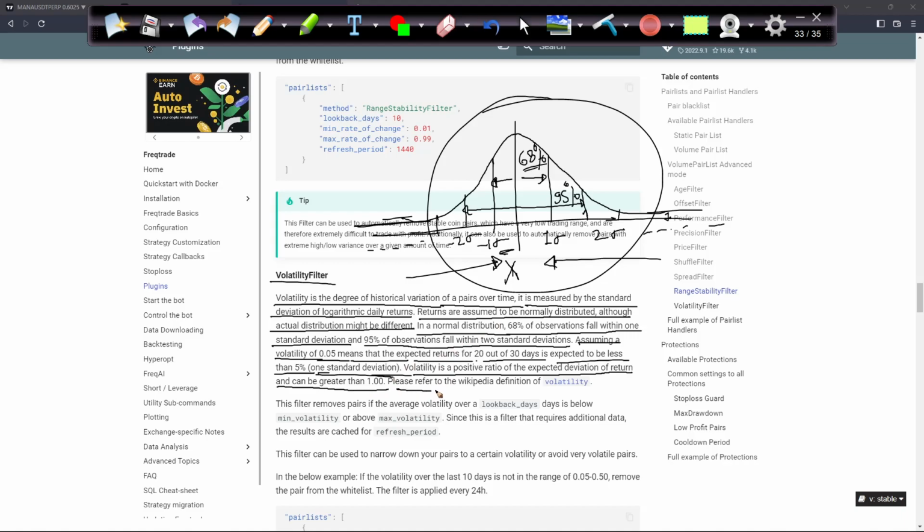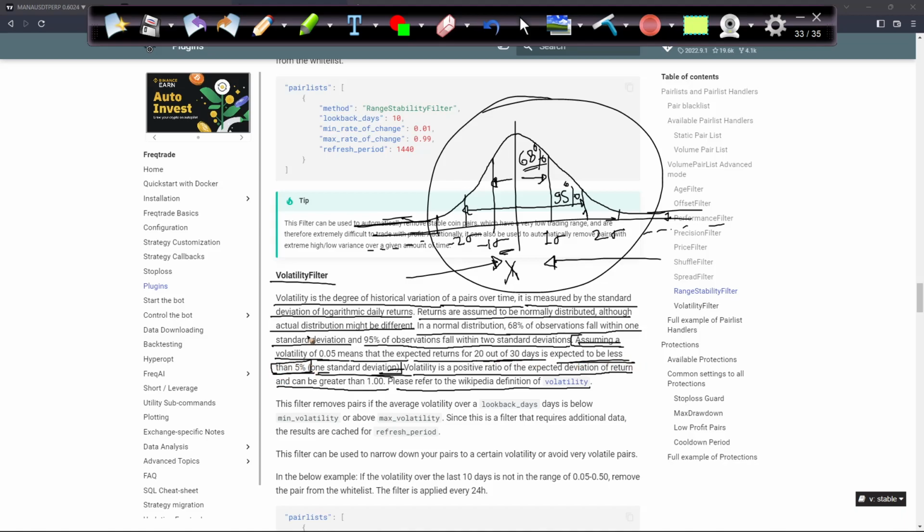Now, please refer to the Wikipedia definition of volatility. We want to understand what they are saying here. Assuming a volatility of 0.05 means that the expected returns for 20 out of 30 days are expected to be less than 5%.